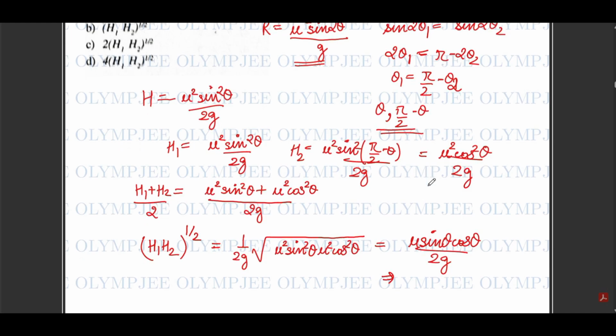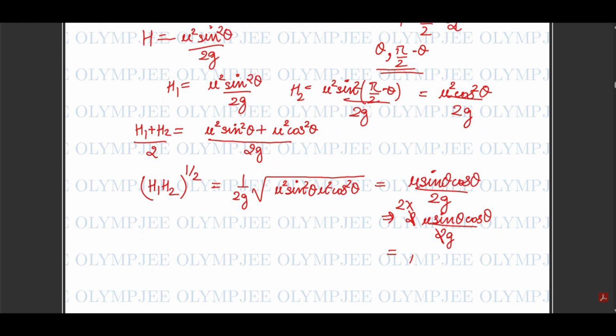So if we multiply this by 2, this will cancel out, and if we multiply it by 2 once more, then it will become u sine 2 theta, u square sine 2 theta by g.